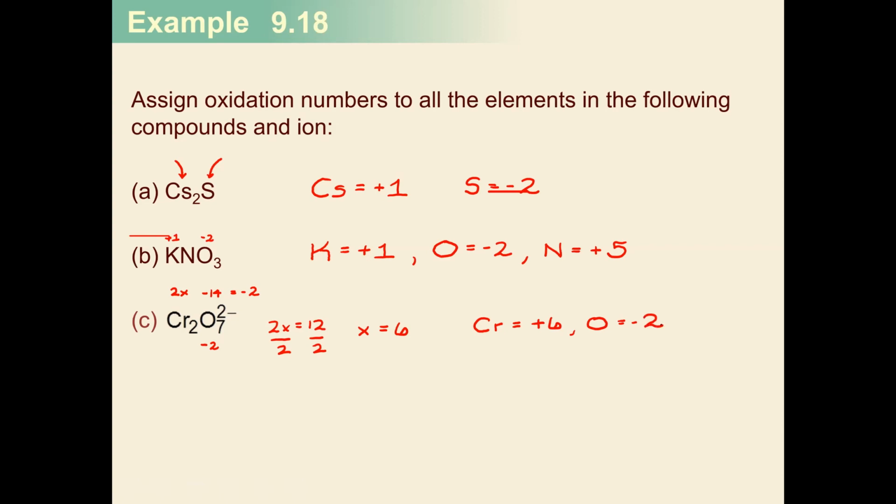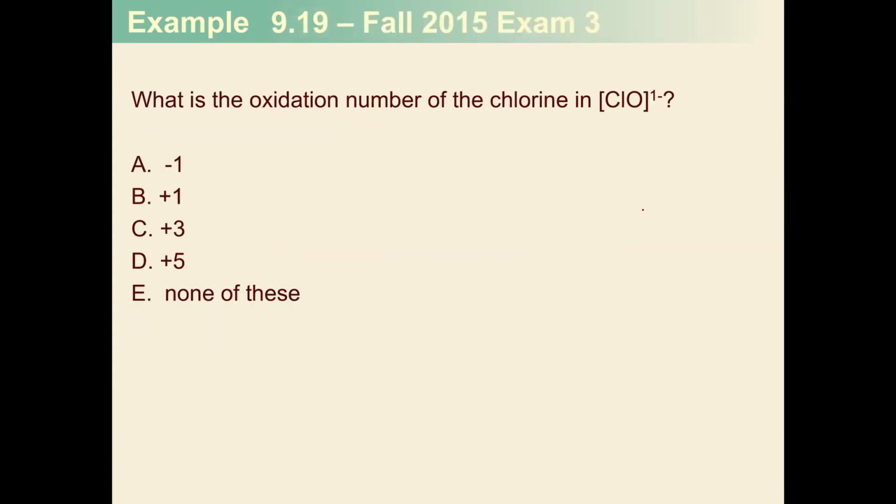Determining oxidation numbers is not only going to help us in this chapter, but when you get to the electrochemistry chapter in your Chem 120, you are going to revisit this topic and it will help you balance your redox reactions. So let's try one final example, and this comes from the fall of the 2015 exam.